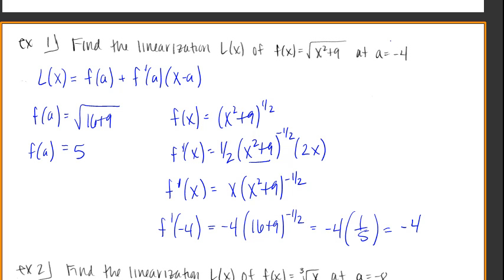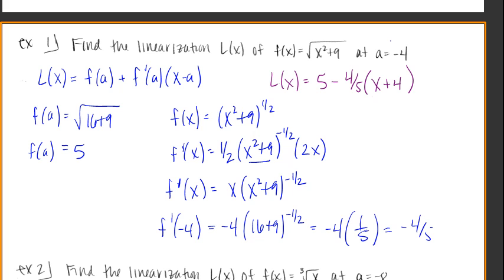So negative 4/5. Putting all this information together into our main equation, the linearization is 5 minus 4/5 times x minus negative 4, or x plus 4.